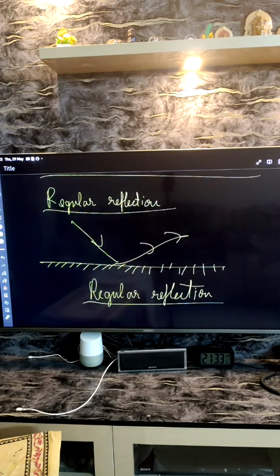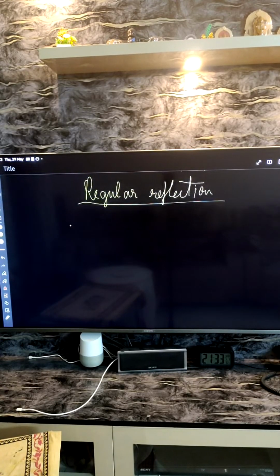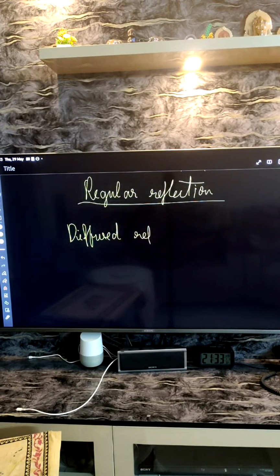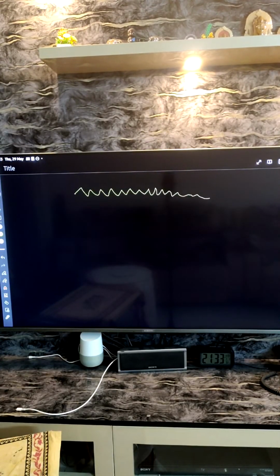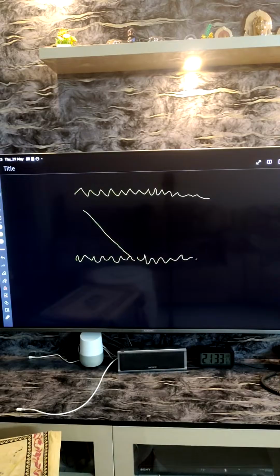Because the mirror surface is so smooth, the light that is falling on the mirror surface gets reflected only in one direction. However, diffuse reflection or irregular reflection happens when the surface is not so smooth. The surface is rough, so the light is going to get reflected in different directions. This is called irregular reflection.